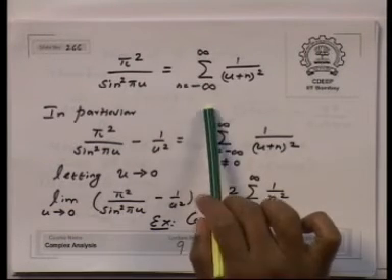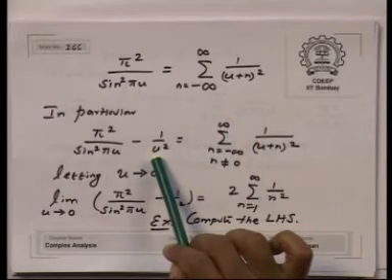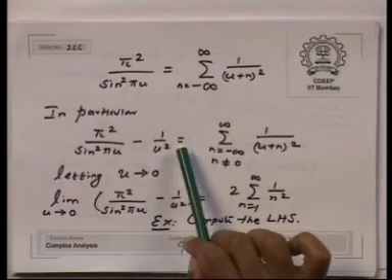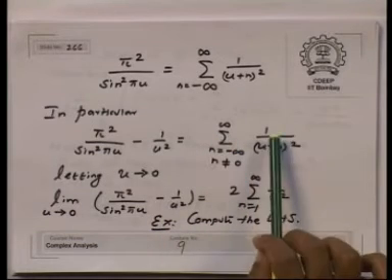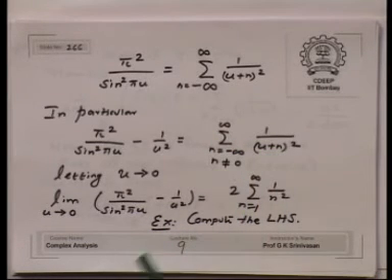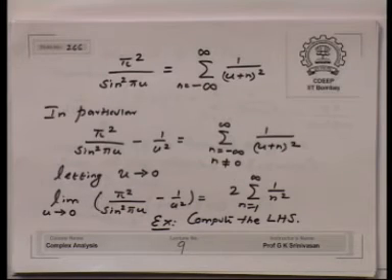Now, in particular, the n equal to 0 term here is very interesting. It is 1 over u squared. So pull the 1 over u squared to the left hand side, and write the right hand side as the summation over n from minus infinity to plus infinity, n not equal to 0, of 1 over (u plus n) the whole squared. Calculate the limit as u tends to 0 on both sides.